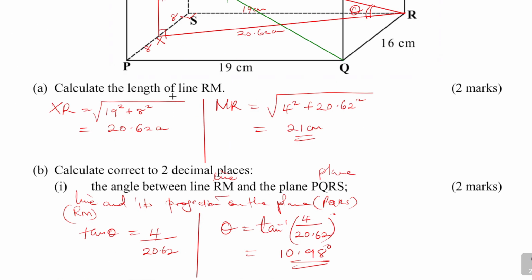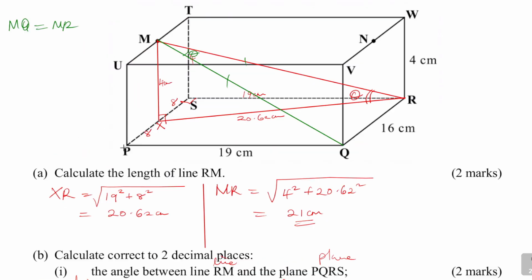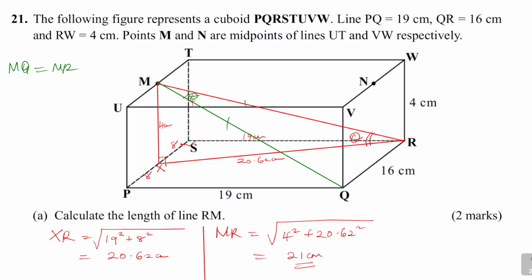So we have MQR. M is here, Q is here, then R is here. I've dropped a perpendicular from M to meet QR at this particular point, and this of course will form 90 degrees.